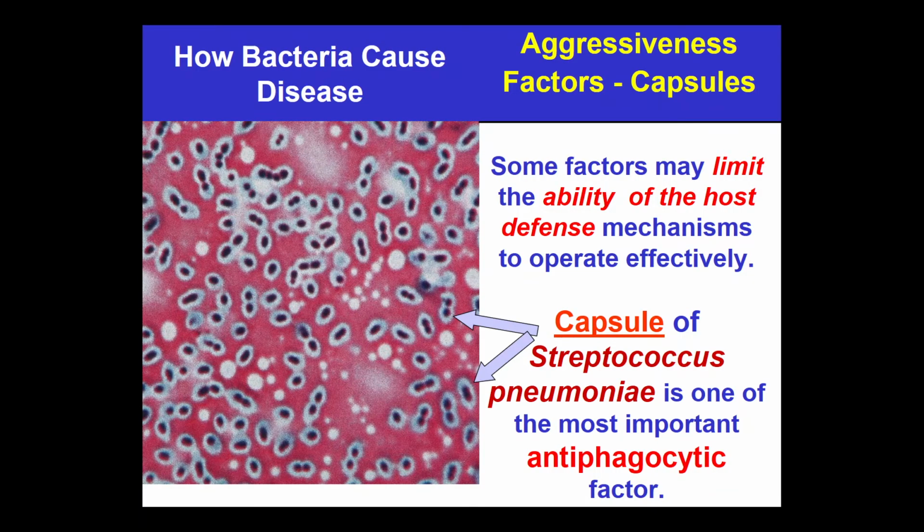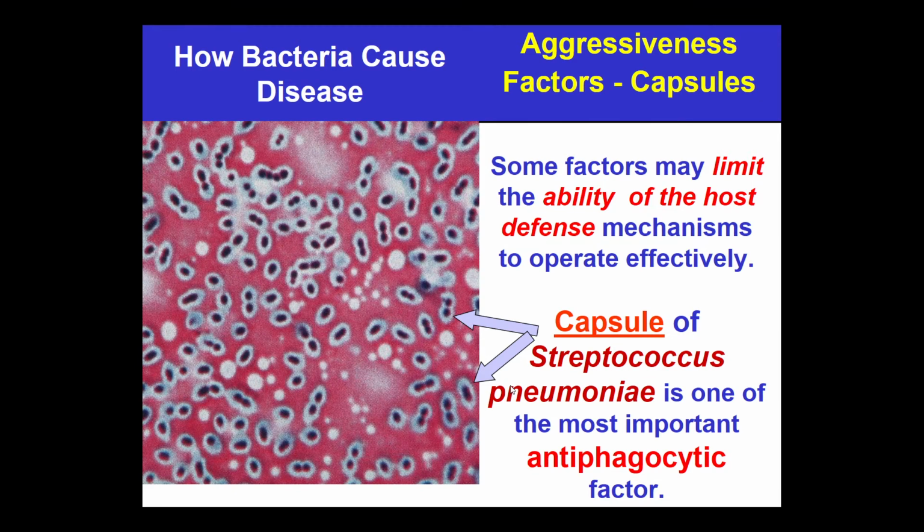Of course, very important as an aggressiveness factor is the capsule. We said before that capsules are attachment adhesins, but additionally, capsules are aggressiveness factors. Some factors may limit the ability of the host defense mechanisms to operate effectively.